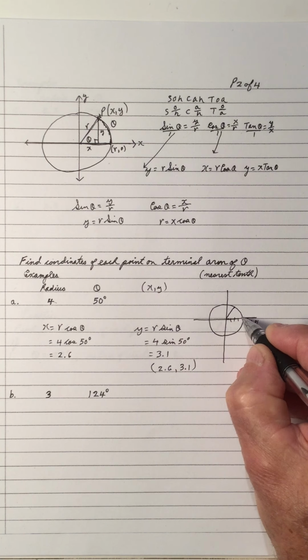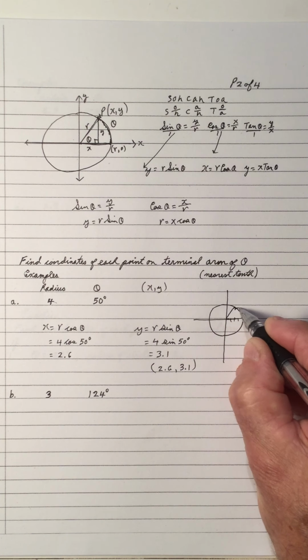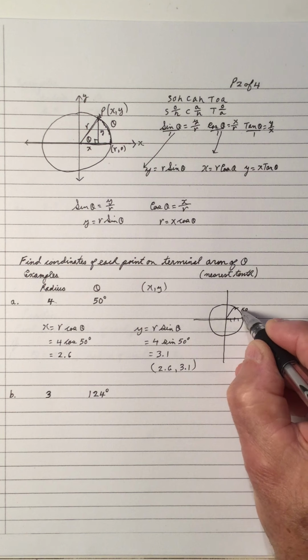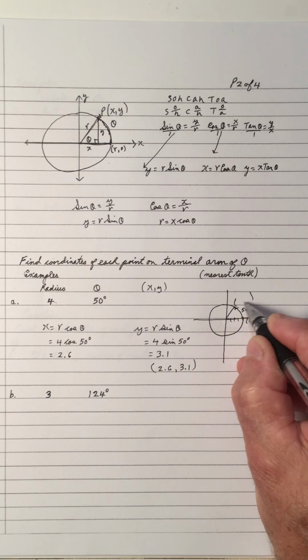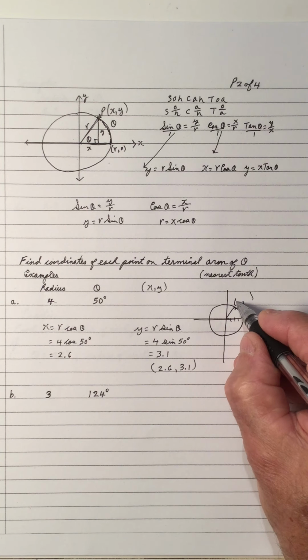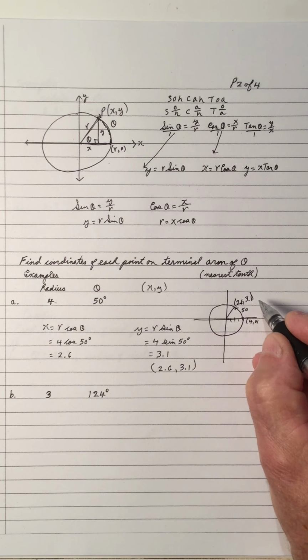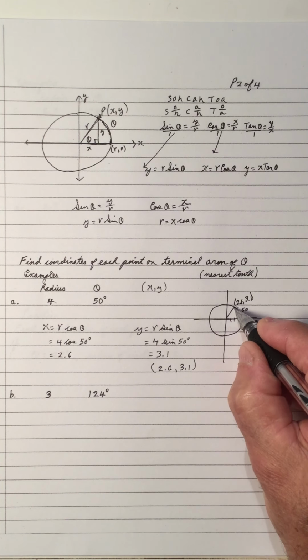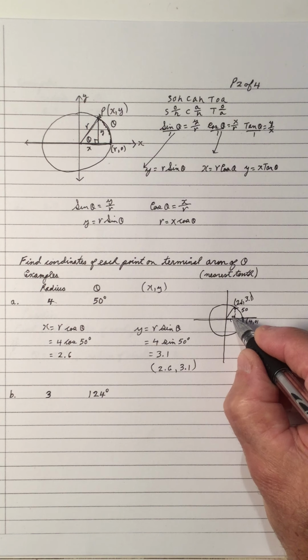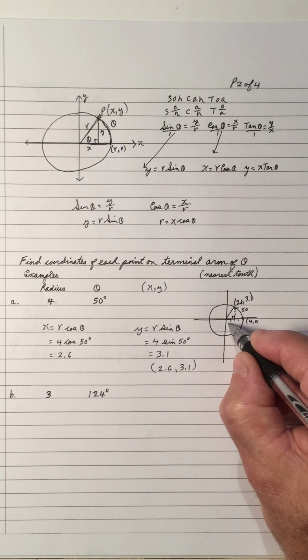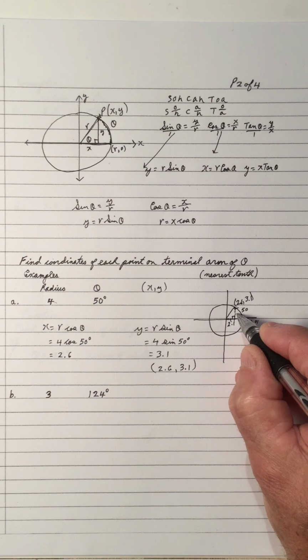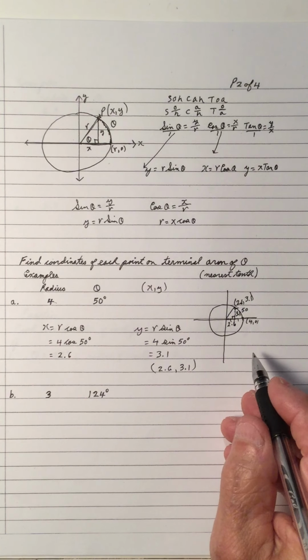So when we rotate 50 degrees here on the arc, then the value of the x is 2.6 and the y is 3.1. That's the coordinates of, if you drew a right triangle here, the x would be 2.6, the y would be 3.1, just to explain.